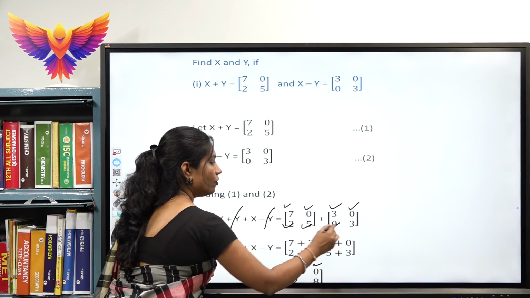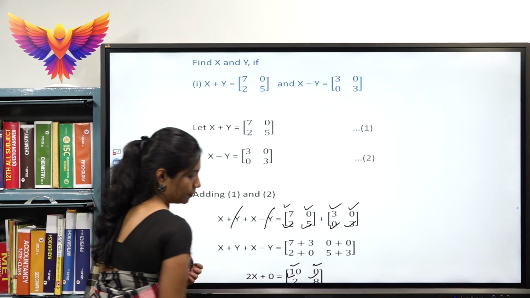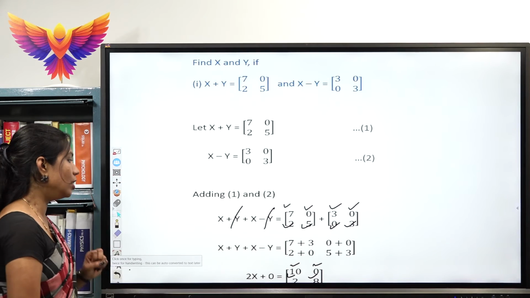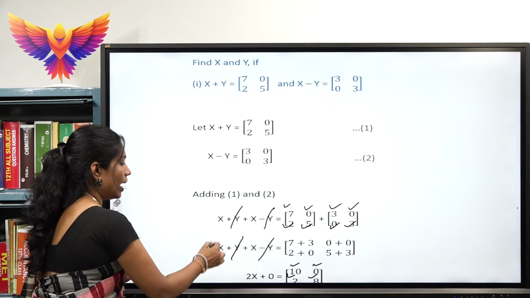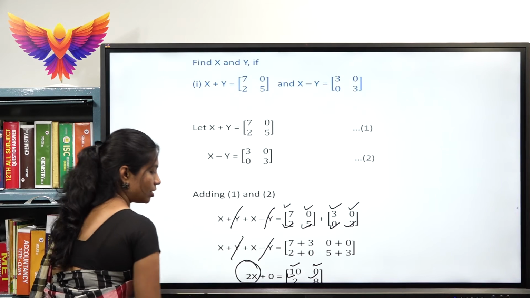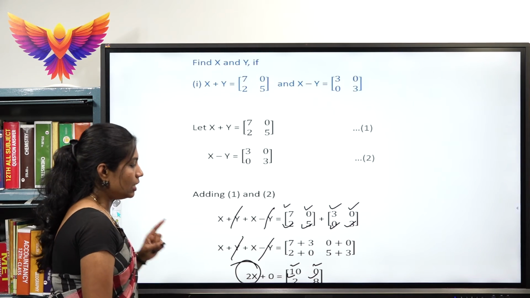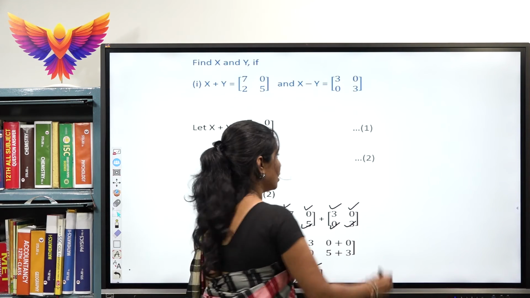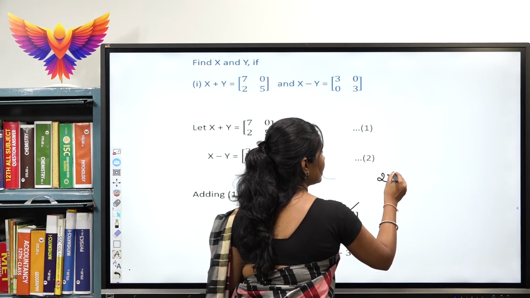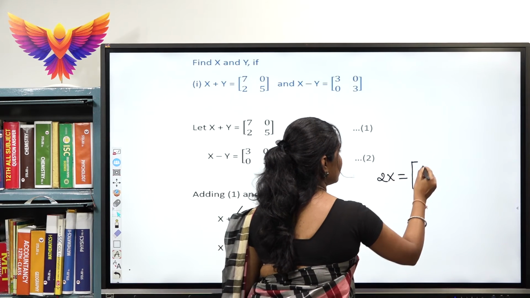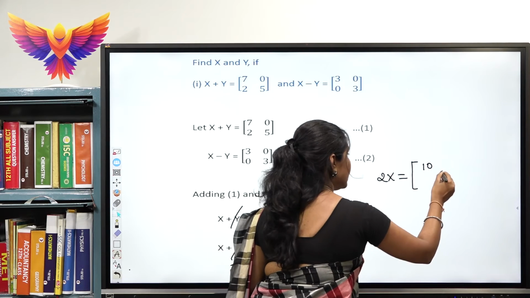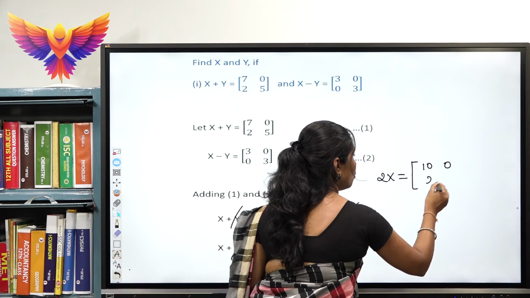Then 5 plus 3, I will be getting 8. Plus y and minus y would have got cancelled here. So x plus x, which is nothing but 2x, is equal to 10, 0, 2 and 8. I will be writing it once again here. 2x is equal to a 2 cross 2 matrix, which is 10, 0, 2 and 8.